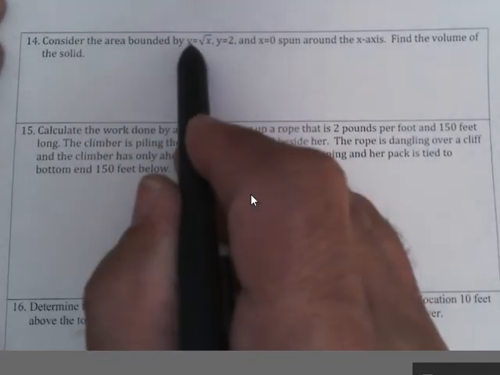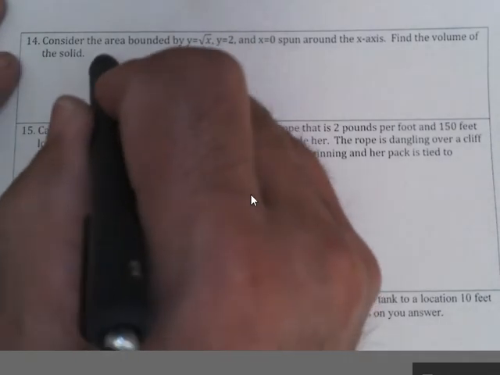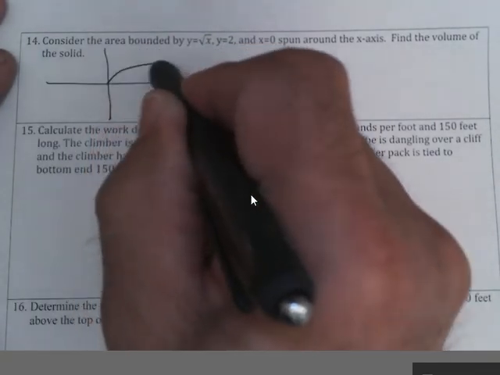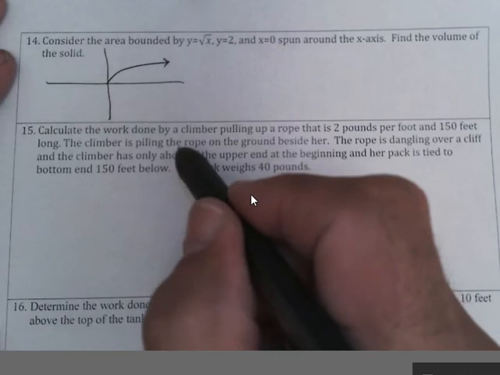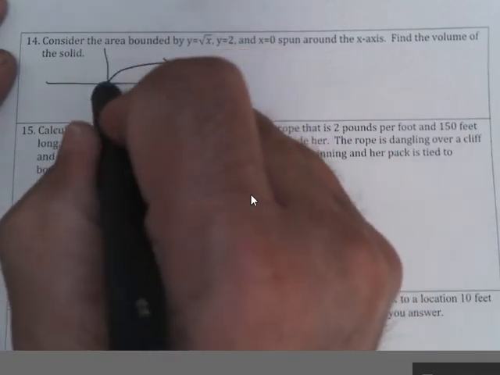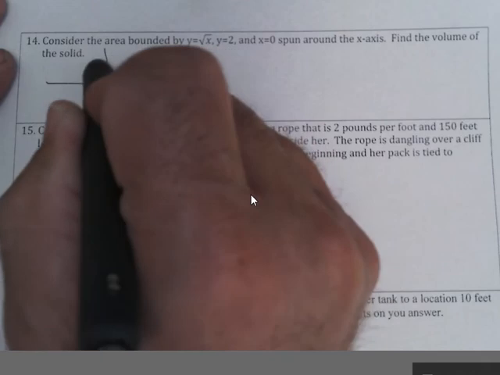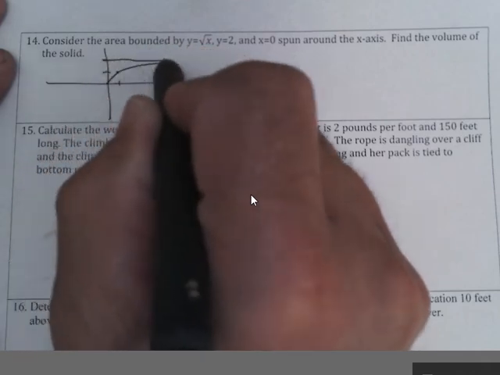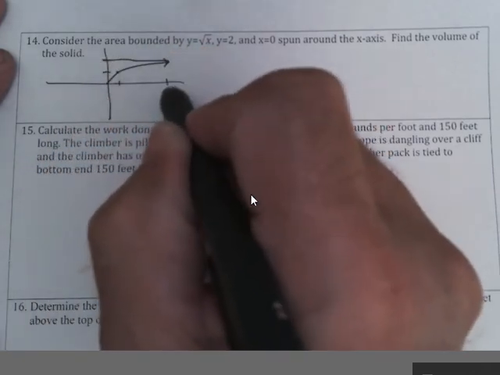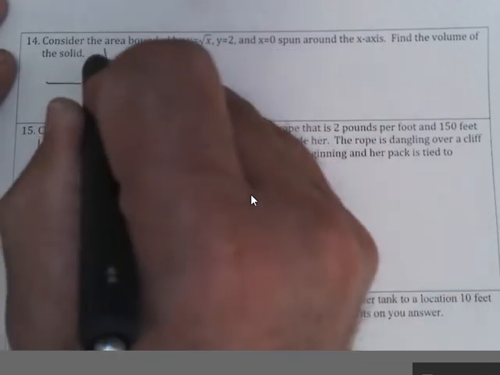Consider the area bounded by y equals the square root of x. That looks like this. y equals 2. This is 1, 1, so 2 would be up here, and you'd hit at 4, because the square root of 4 is 2.